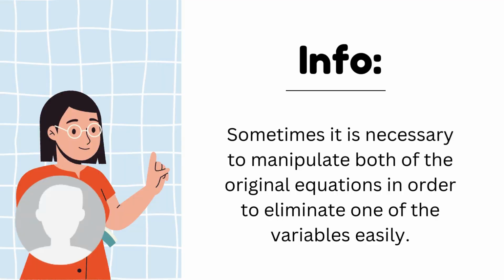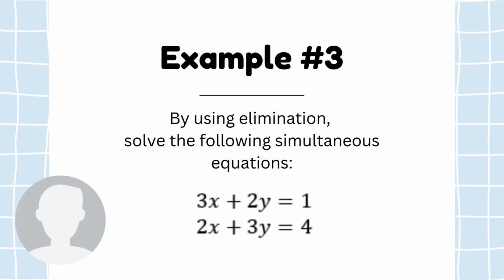Next level. All right. Sometimes it is necessary to manipulate both of the original equations in order to eliminate one of the variables easily. Have a look at example number 3 here. By using elimination, solve the following simultaneous equations.